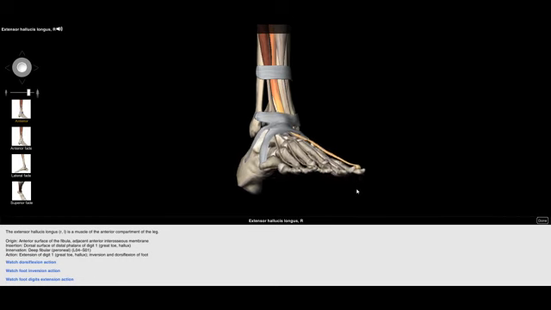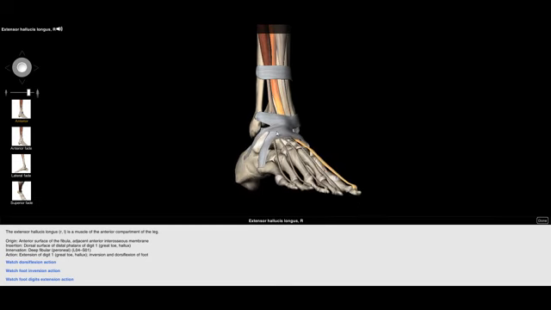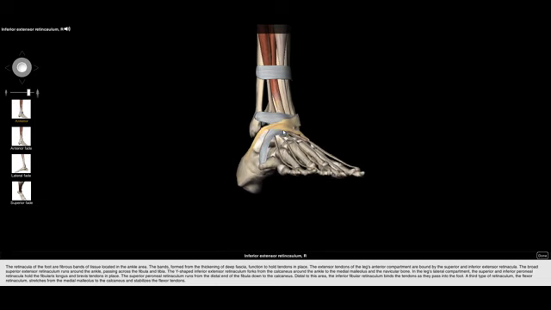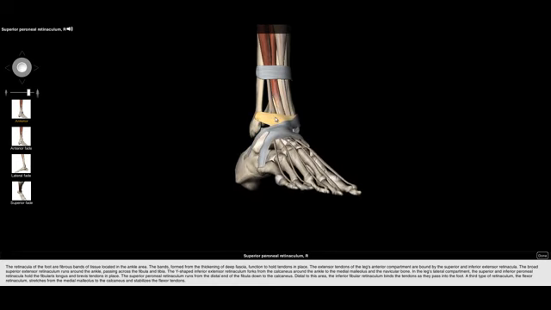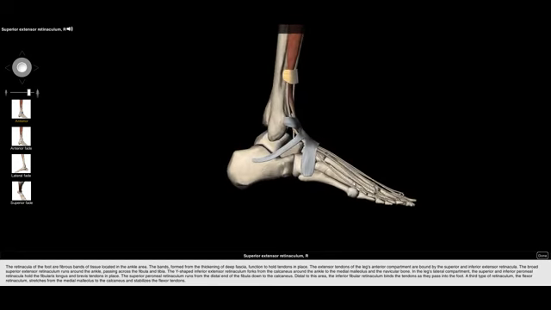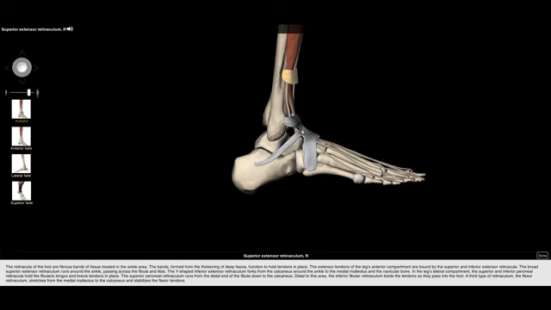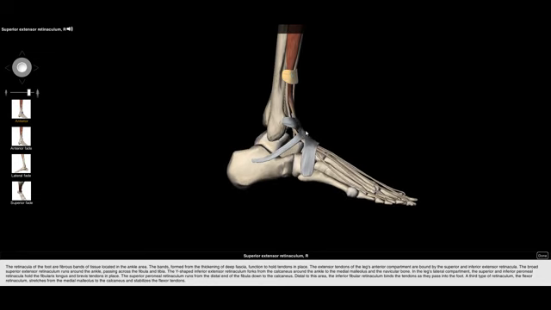But one of the structures that I want to point out to you guys is the retinacula. So the inferior peroneal retinaculum, the inferior extensor retinaculum, the superior peroneal retinaculum, and the superior extensor retinaculum. And what these retinacula do is help to pull down and stabilize these extensor tendons.